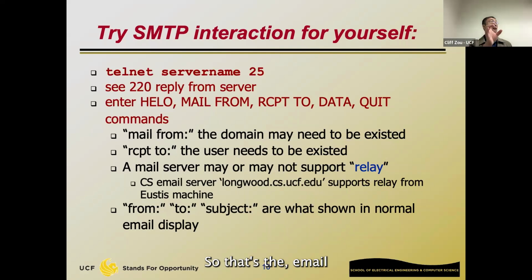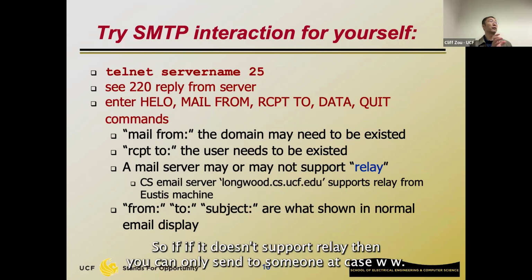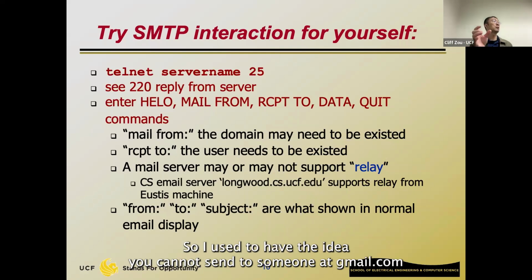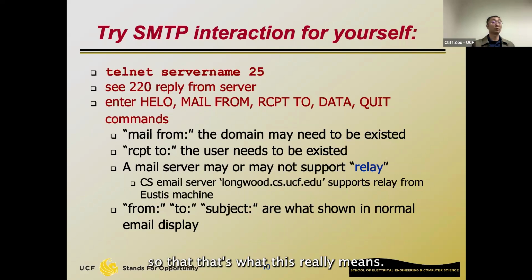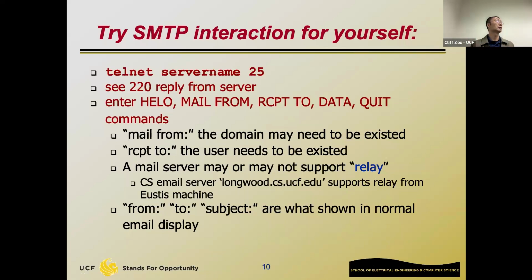So that's the email account for the CS Longwood email server. So if it doesn't support relay, then you can only send to someone at cs.ucf.edu. You cannot send to someone at gmail.com. So that's what this relay means. Relay just means that I can help you to forward this email to anyone you want. So that's the relay.